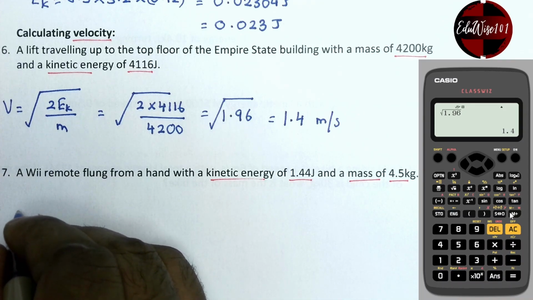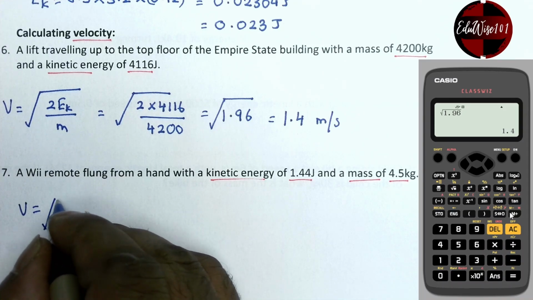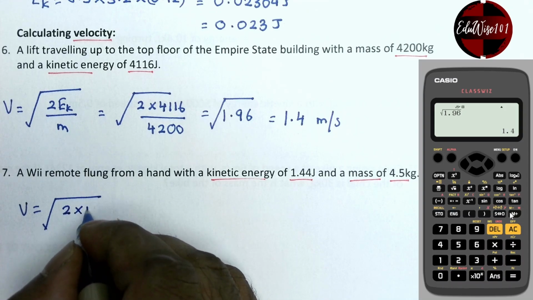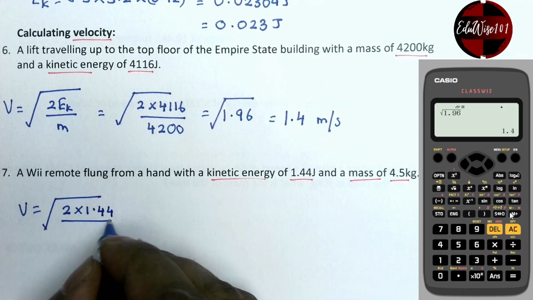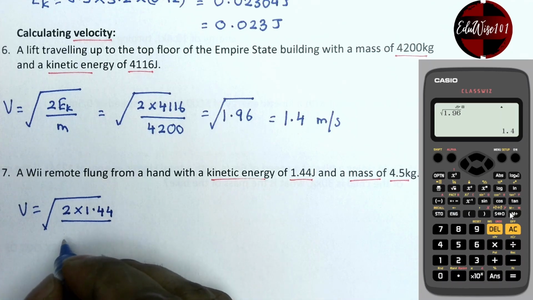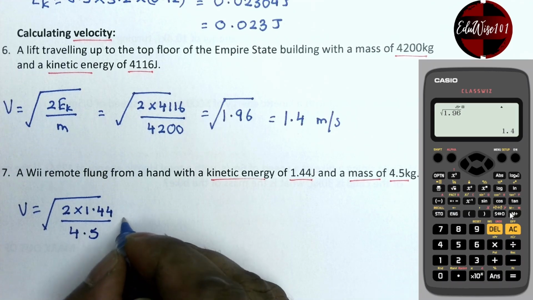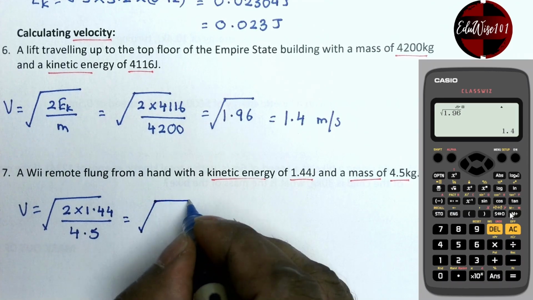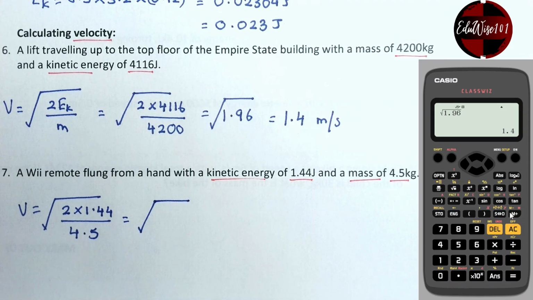So V equals the square root of 2 times 1.44 divided by 4.5. So the square root of 2 times 1.44, divide the answer by 4.5.